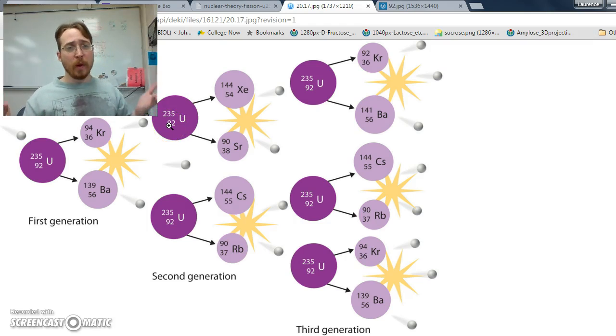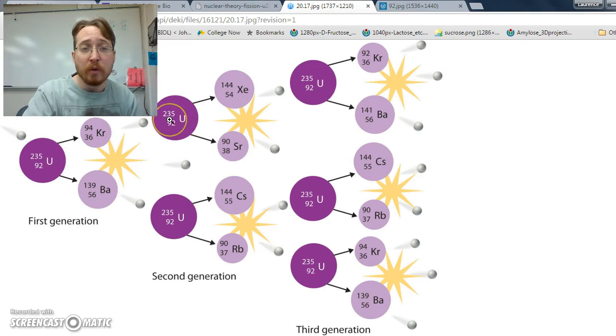That's because we rarely ever find one single atom of something. Usually we've got a block of something, a material, and that material is going to have billions, if not trillions of atoms in it. So each time one atom splits and makes 2 smaller atoms and releases some neutrons, you can have other unstable atoms hit by those neutrons, triggering the event again.